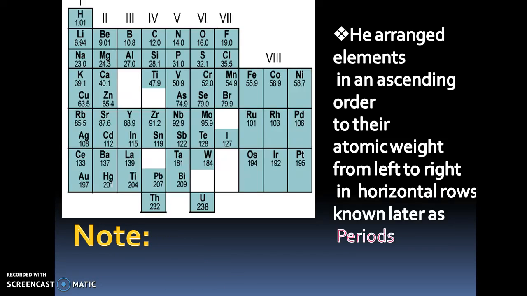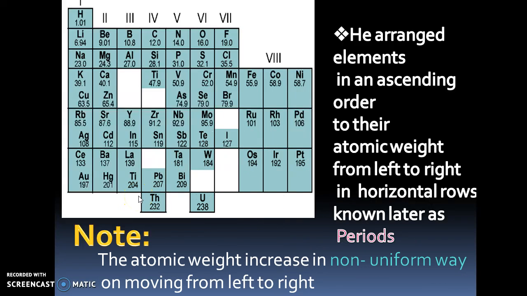So what else? He also arranged elements in an ascending order according to their atomic weight from left to right in horizontal rows known as periods. Let's see in this figure.